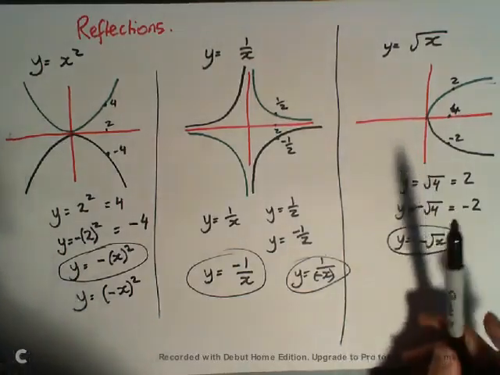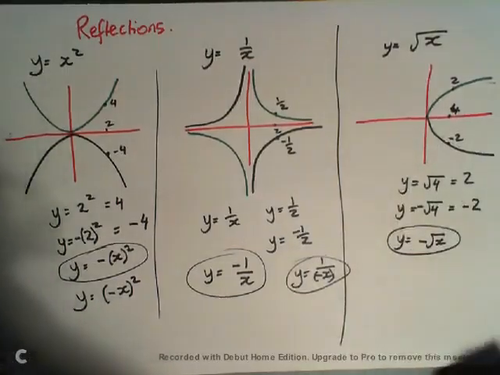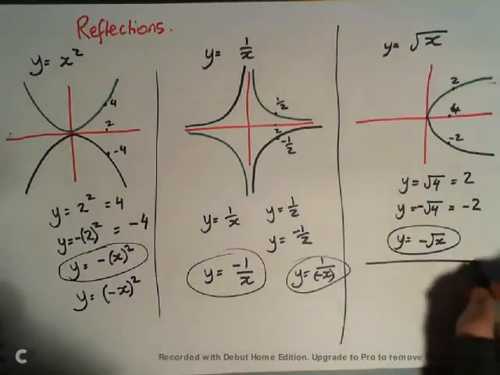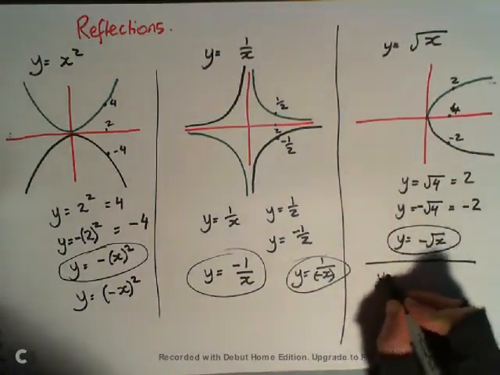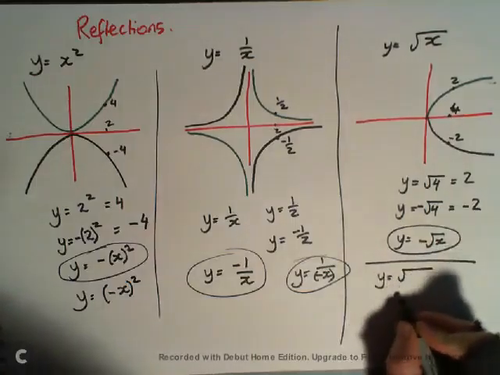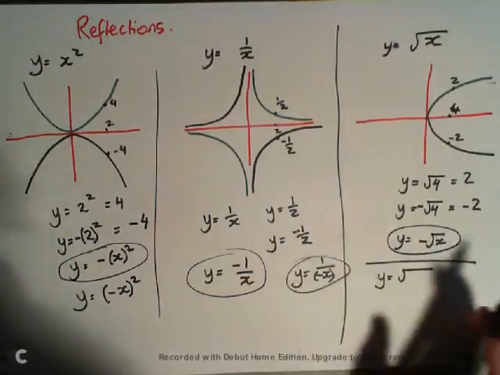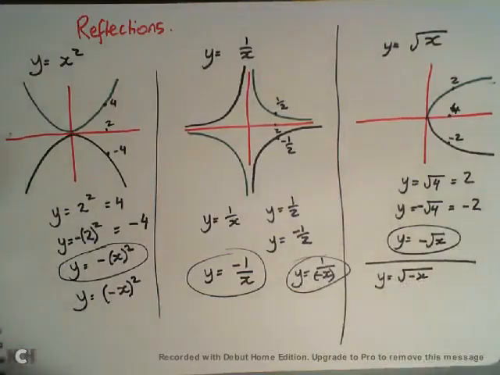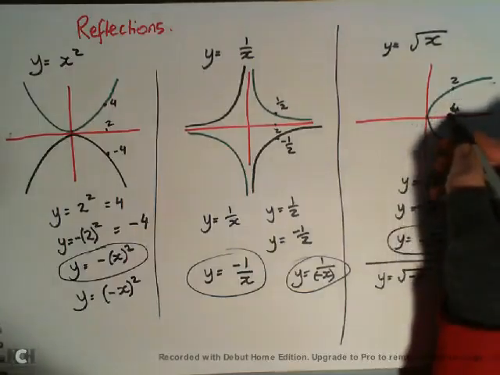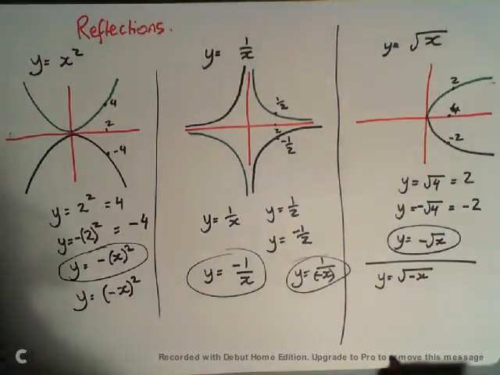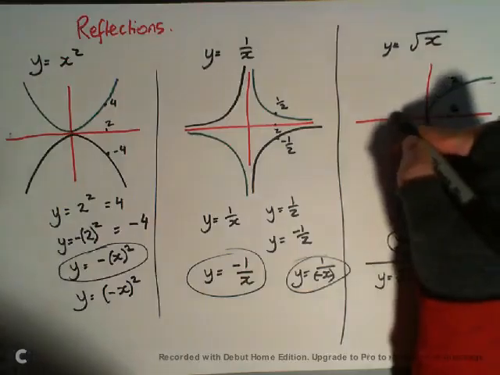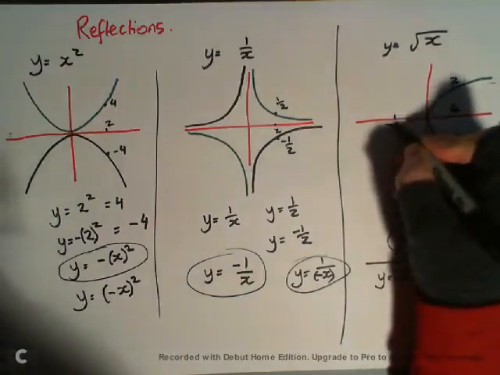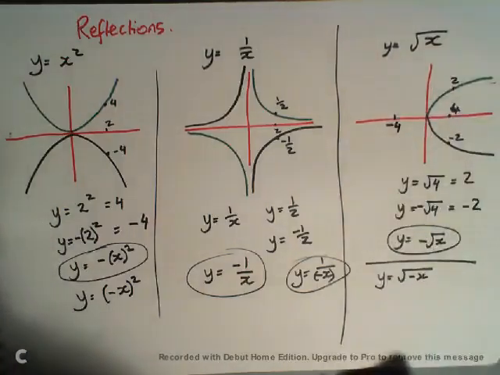Now, we can't get a reflection in the y-axis because essentially what we need to do is y equals the square root. Oh, actually, no, we can. Sorry, I said we can't. Okay, inside the square root part. Okay, this point here at 4. Okay, it has to be at minus 4 now.